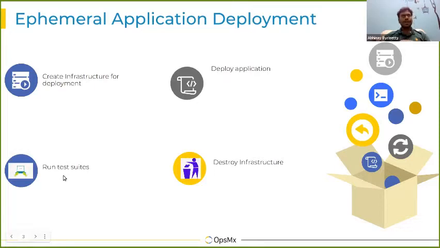Then it publishes the test results to some artifactory or repository, and destroys the infrastructure because I don't need it anymore. I might run my test suites later, like tonight or tomorrow, and I can bring up my infrastructure in a few minutes. Why do I want to keep it around? That's what I'm going to demonstrate, how I can construct my pipeline to achieve this.